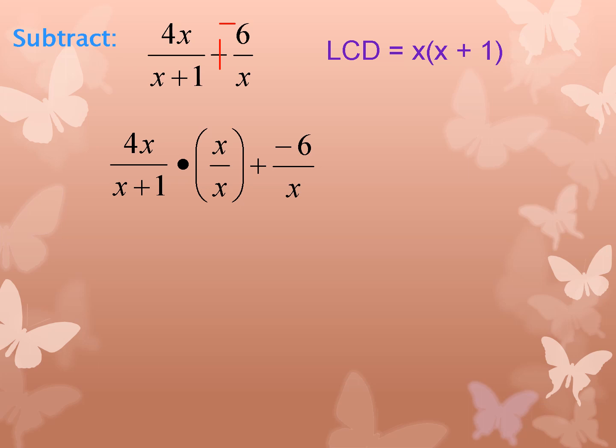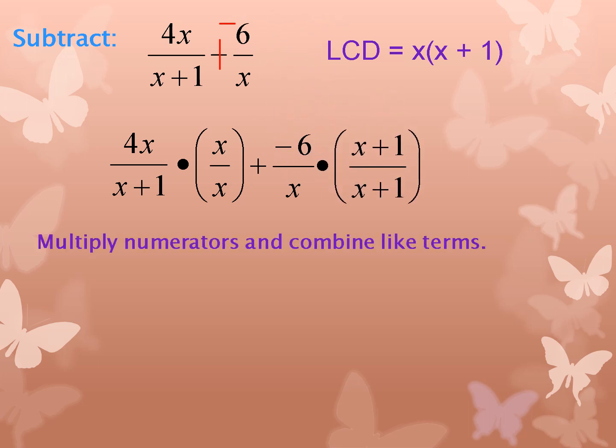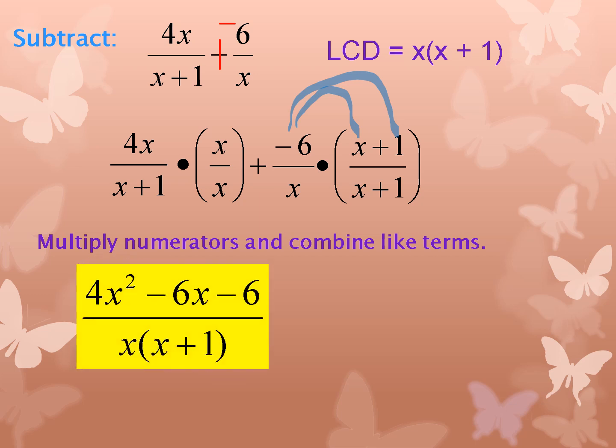So I'm going to multiply top and bottom by x plus 1. Now, I need to multiply the numerators and combine like terms. So 4x times x is 4x squared. Then we have -6 times x, which is -6x, and -6 times 1, which is -6.